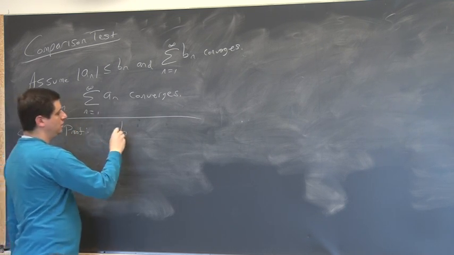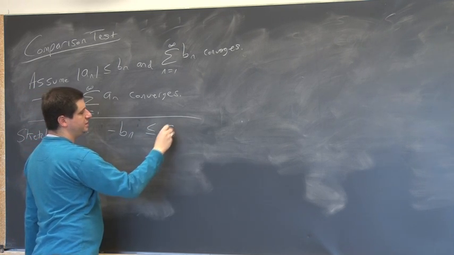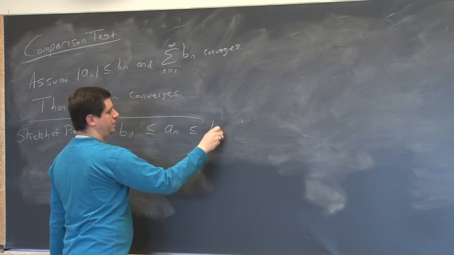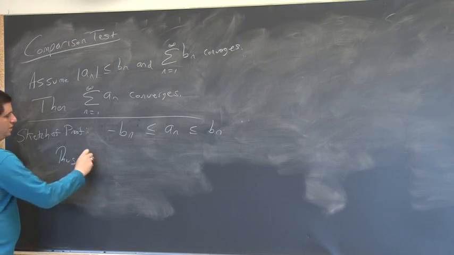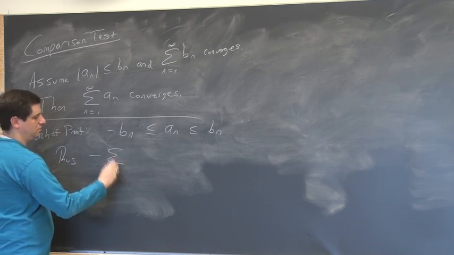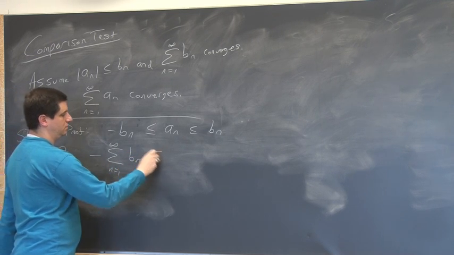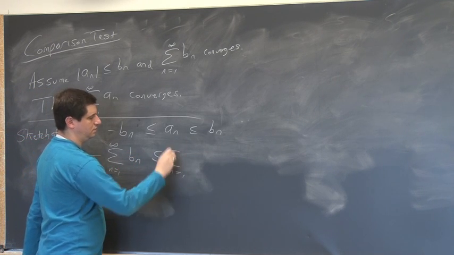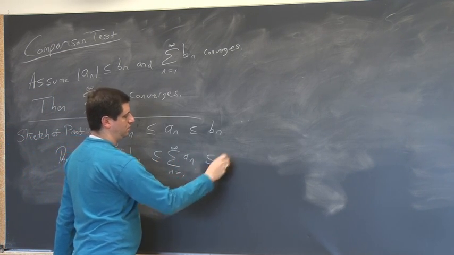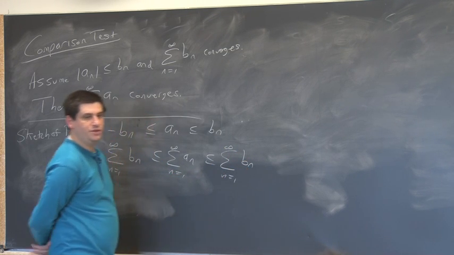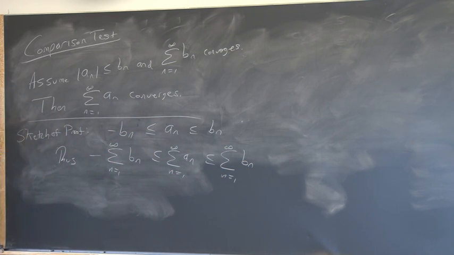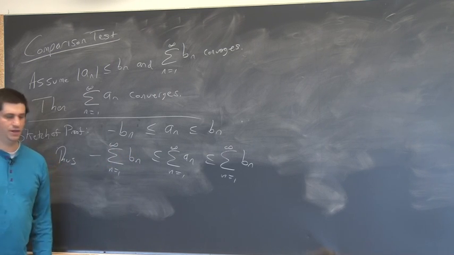So we know negative bn is less than or equal to an is less than or equal to bn, because the absolute value of an is at most bn. So if we sum, then we know that the sum of an lies somewhere between minus the sum of bn and positive the sum of bn.